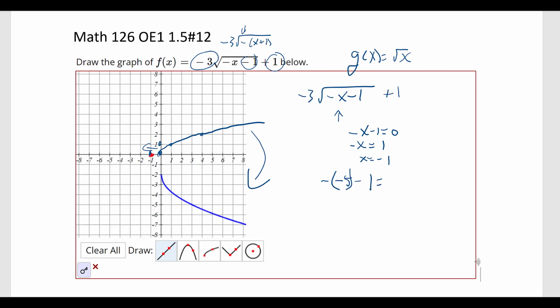Minus 1, so it's 5 minus 1, which is 4. So we're looking at the square root of 4, which is 2. So we have negative 3 times 2 plus 1. Negative 3 times 2 is negative 6. Negative 6 plus 1 is negative 5. So the graph will be going through negative 5.